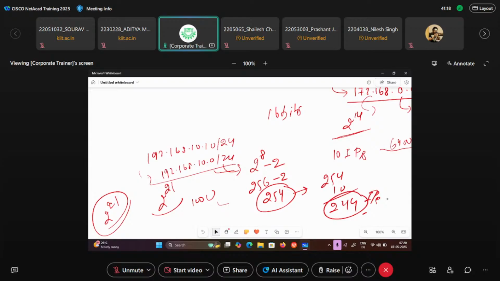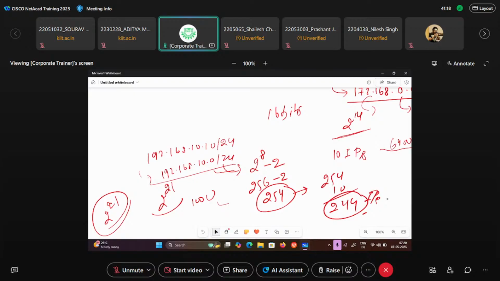The subnetting definition, I hope you have written. The main job of subnetting is to divide the network on the basis of hosts or on the basis of network requirements. It's a logical subdivision of a network into two or more networks. Logically, the network will be the same, but you divide it into different networks which behave like different networks.